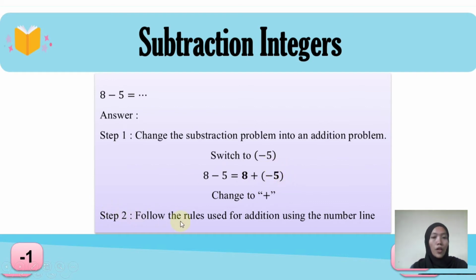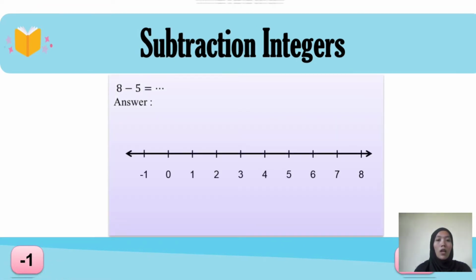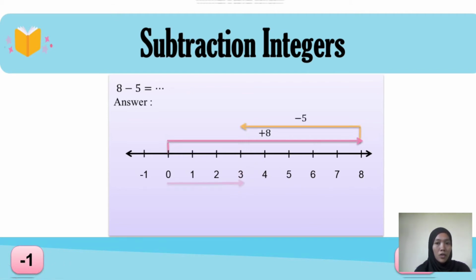Step 2, follow the rules used for addition using the number line. Start from 0 and move 8 places to the right. We reach positive 8. Now, move 5 places to the left from 8, we reach positive 3. So, 8 minus 5 is equal to 3.